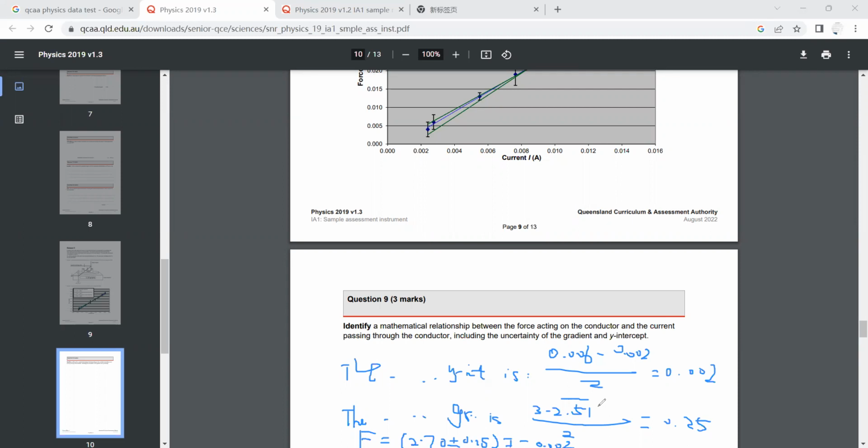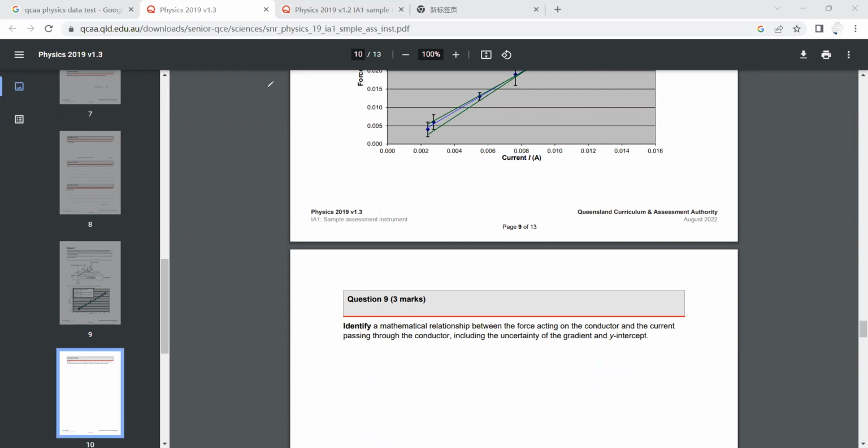Okay, this is the formula. Now let's look at the last question.